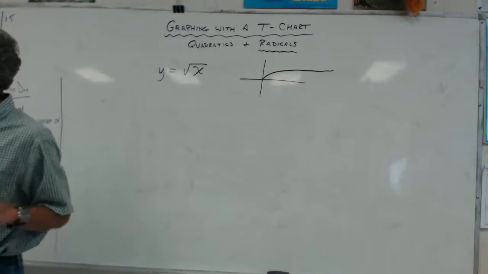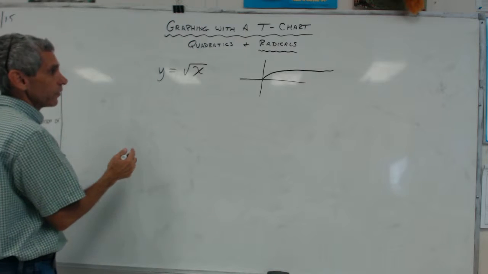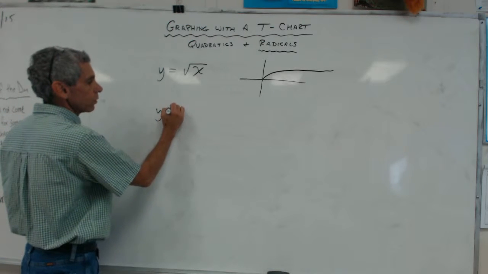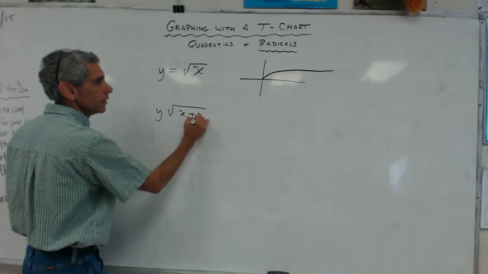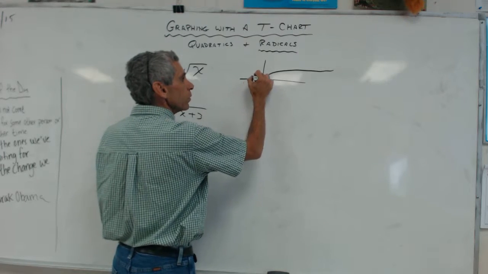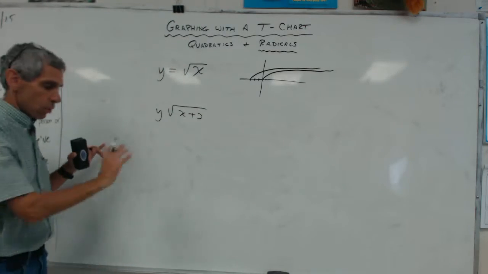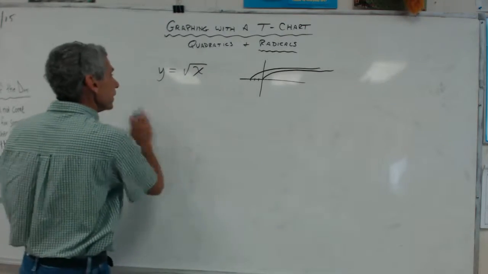That's what y equal to the square root of x is going to look like. So even if I did this, y is equal to the square root of x plus 3, it would look like this. 1, 2, 3 over here, and it would come up like this. Okay? But don't worry about that. I'll explain that in a minute.